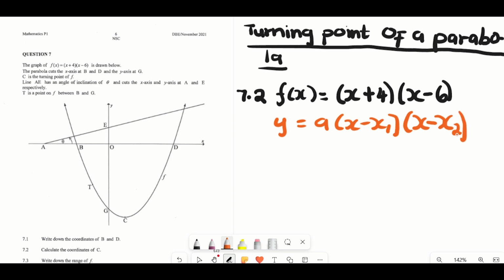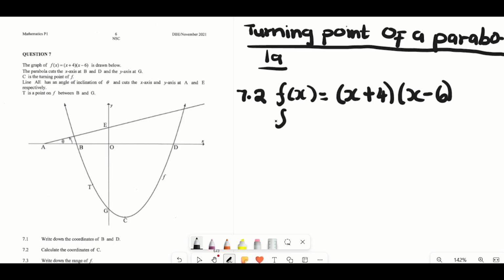When the equation is given in the x-intercept form, x1 and x2 are the x-intercepts. Whenever you've been given the equation of a parabola in this form, the only way to find the turning point using the equation is to multiply the brackets out and leave the equation in standard form.